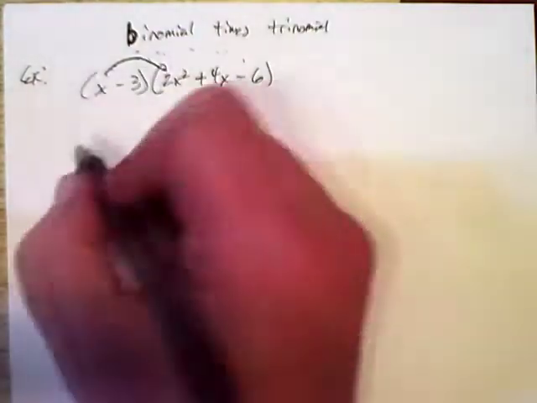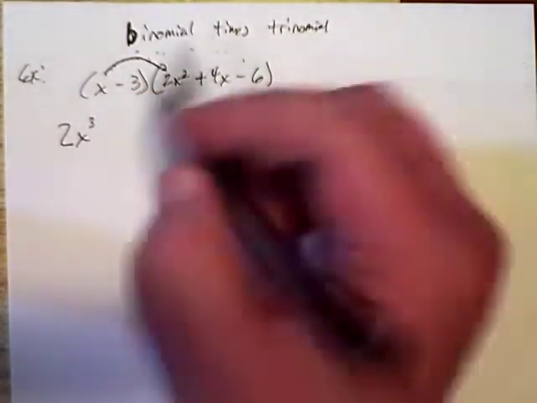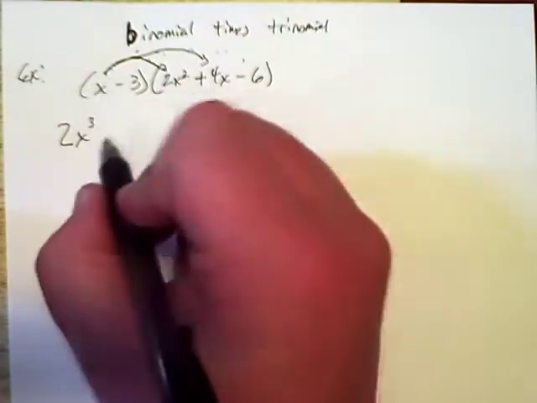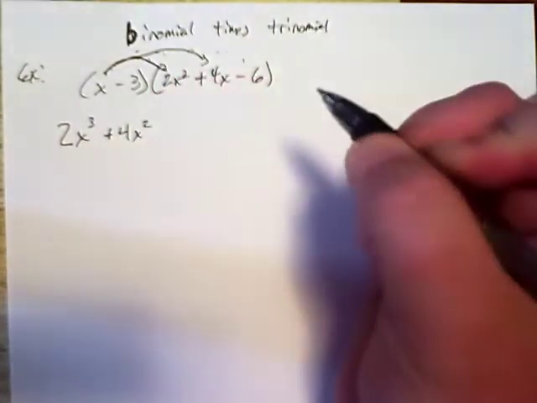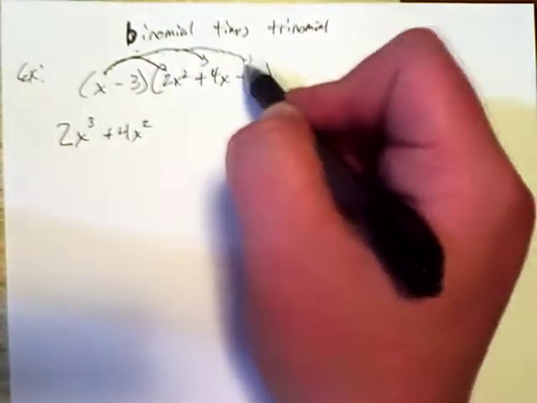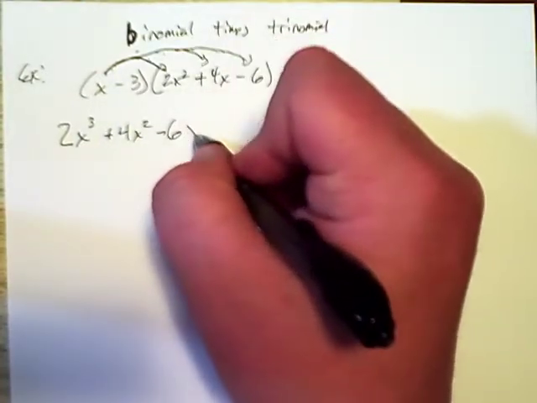I have 1 times 2 is 2. X times x squared is x to the third. And now x times 4x. Well, 1 times 4 is positive 4. X times x is x squared. And now x times negative 6. 1 times negative 6 is negative 6. X times 1 is x.